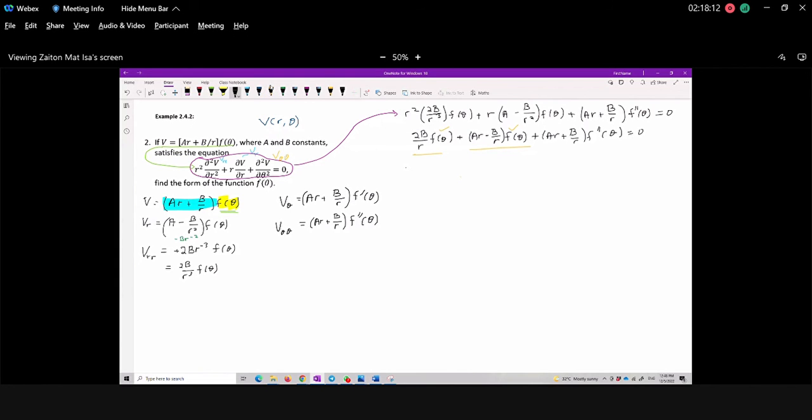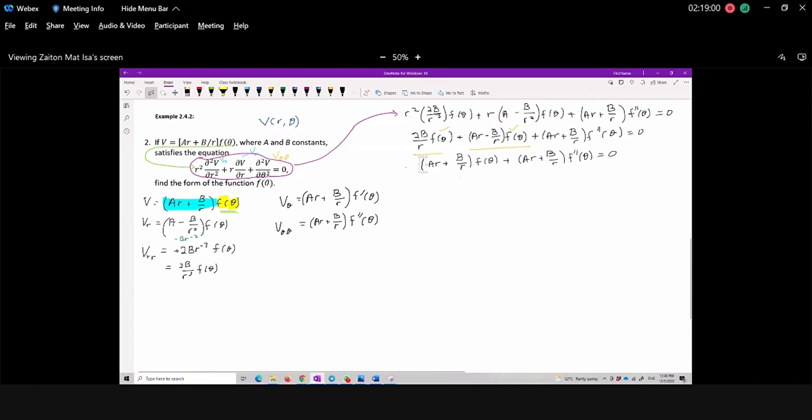So basically this is 2B over R F theta, and then plus AR minus B over R F theta. So it will become AR, and this is 2B minus B over R, so it becomes B over R only, right? Okay, this seems very promising. Why? Look, this is now the same. Nice.